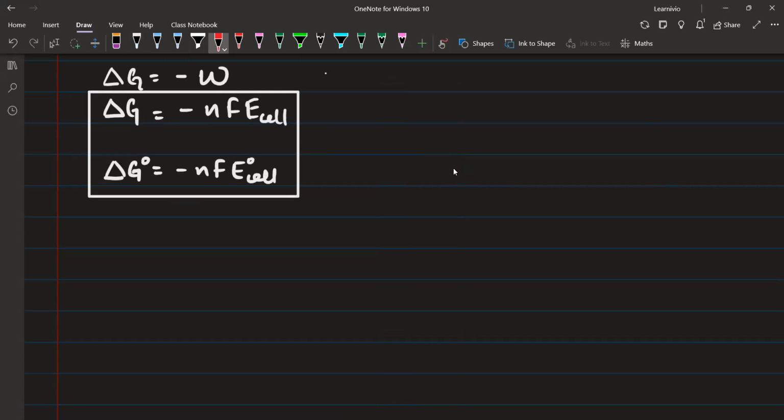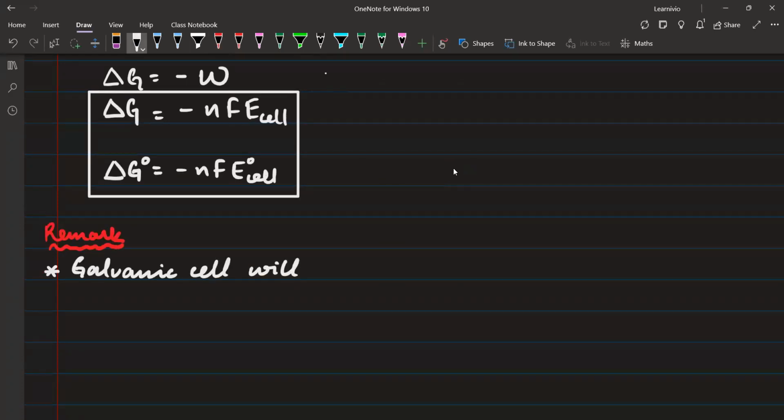The reaction will work only if E cell is positive. Why? Because only when E cell is positive, F is always positive, and n is the number of moles of electrons, which is always positive. So when all of these are positive, then delta G will be negative.